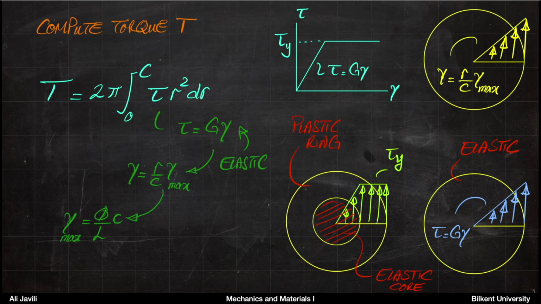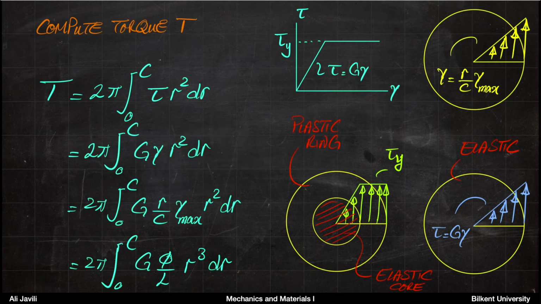And also you remember gamma max is phi divided by L times C. Phi was the angle of twist, L was the length of the shaft. So if you insert those relations, instead of tau here you have G gamma. Instead of gamma here you have R over C gamma max.